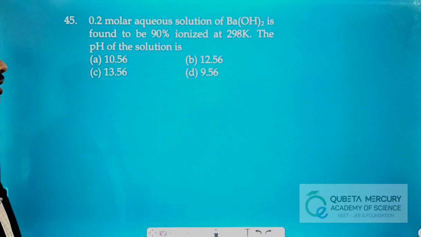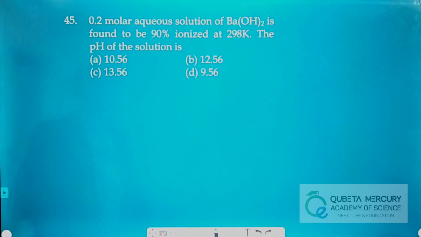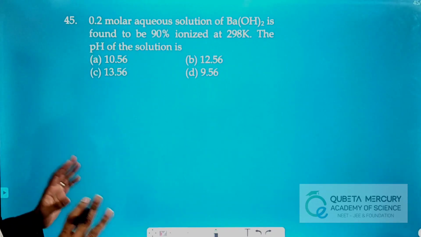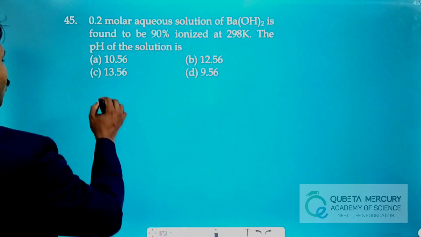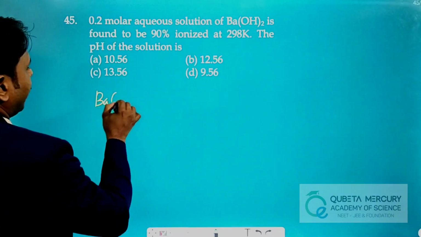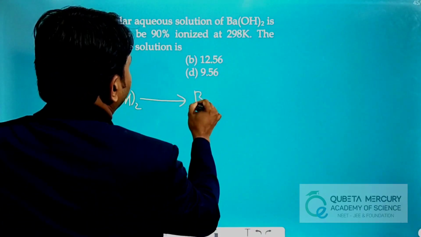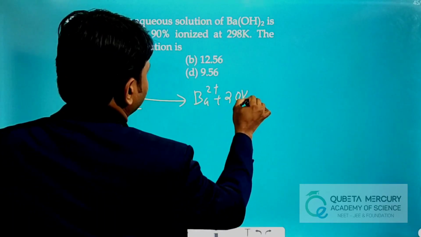Moving on. A 0.2 molar aqueous solution of barium hydroxide is found to be 90% ionized. What is the pH of the solution? It is not an easy question, a little bit complicated. Don't worry, here is how to solve this. See here, we have barium hydroxide undergoing ionization to Ba2+ and 2OH minus.